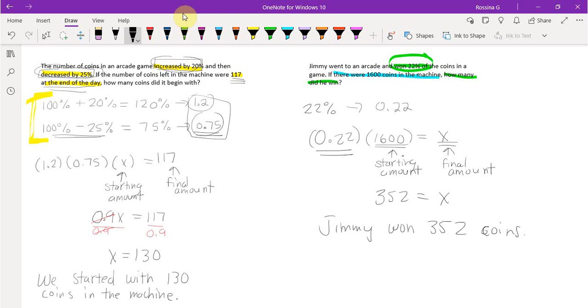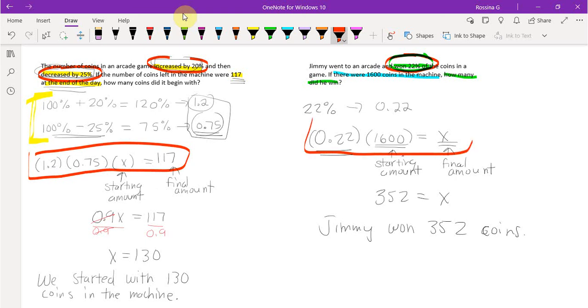Okay, so just that is the key difference. Those key words that we want to look for are, is it an increase or decrease type of percentage problem, or is it just simply I won this part, or I have this part of this total? And so you do have to approach them differently at the beginning when you set up your equations.